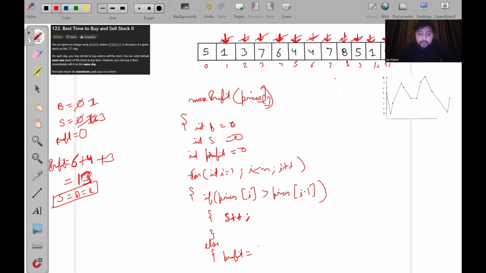So profit plus equal to prices on selling date minus prices on buying date, and it is plus equal because we are adding the result again and again into this profit variable. After that, we will do selling date equal to buying date equal to I.